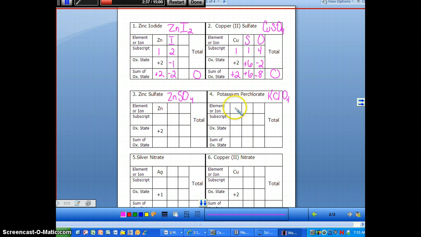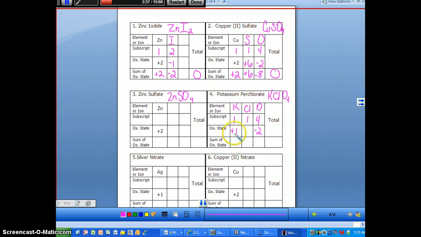So you list your 3 elements, K, Cl, and O. You list your subscripts, 1, 1, and 4. O is always minus 2. Go ahead and fill that in. K is a group 1 metal, so it's going to be plus 1.